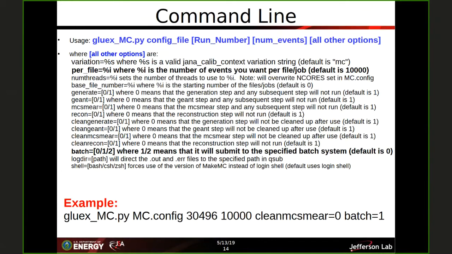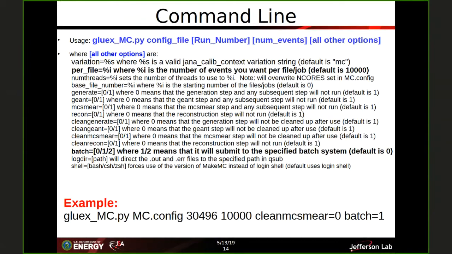If you remember from Alex's talk, you had to do Swift run your workflow. So you have to create your workflow, and then you have to run your workflow. And if you forget to do that, you'll come back after lunch and realize nothing is running because you forgot. Batch equal 2 basically tells Swift, not only submit it, set up my workflow, create it, but run it after you're ready.